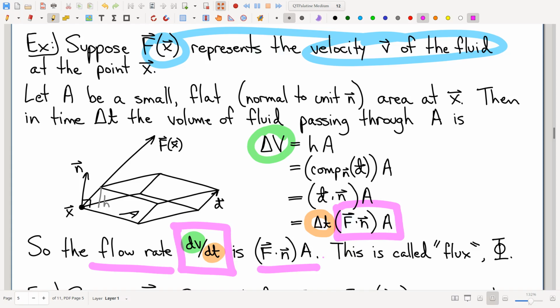So the word is flux, and the notation is capital Greek letter phi. That's why we're interested in this thing called flux, and this is what flux represents for fluids. How are we doing? Everybody all right?